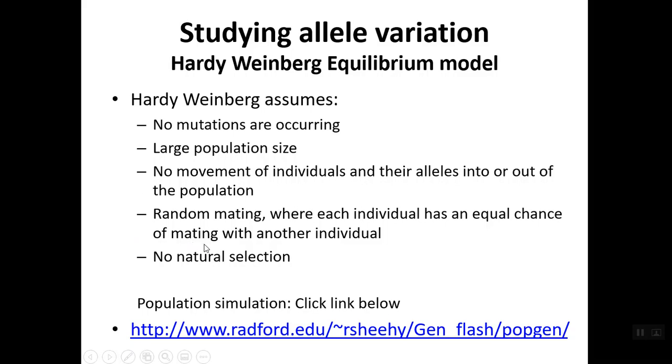Another important assumption is that random mating is happening in the population. If somehow artificial mating is happening, it's almost like artificial selection, and this would definitely disrupt that randomness and equal possibility of allele combinations. So you want random mating to happen among individuals in the same population.